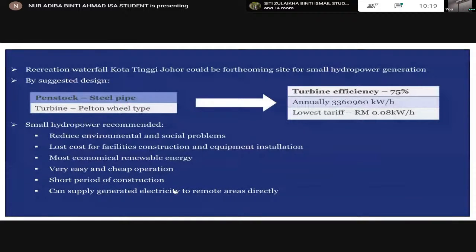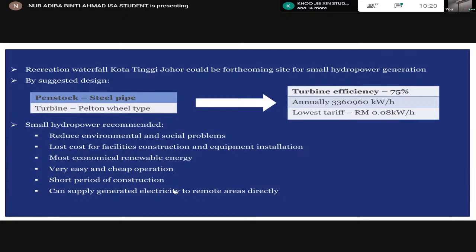the part. So in conclusion, the Recreation Waterfall Kota Tinggi, Johor could be a promising site for small hydropower generation. By the suggested design, a steel penstock pipe and a Pelton type turbine. The turbine efficiency is 75%, and the annual generation is 3,360,960 kilowatt hours, and the lowest tariff is 0.08 cent per kilowatt hour.